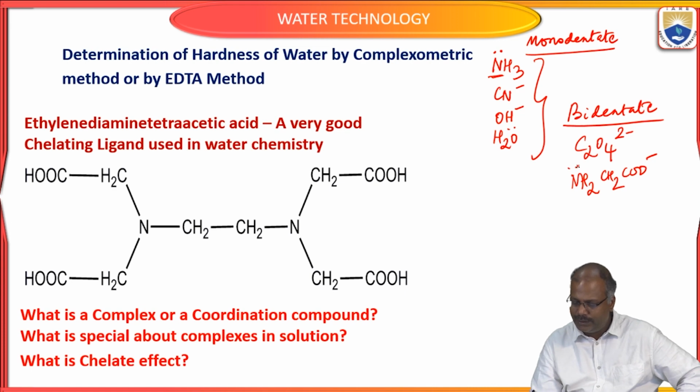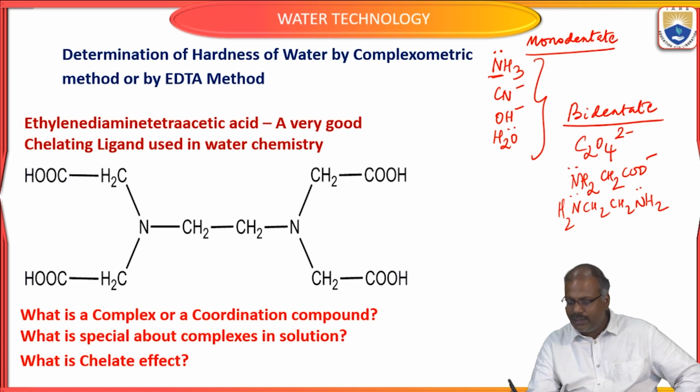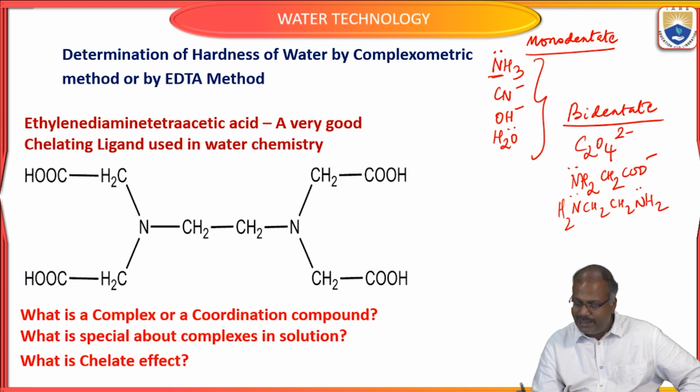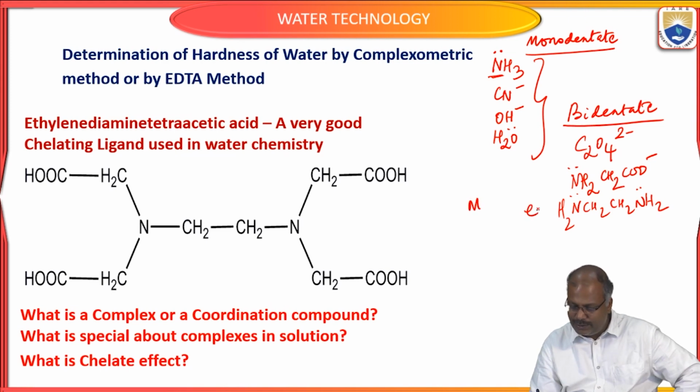And you have a lot of other examples, for example ethylene diamine. These are all examples of bidentate ligands that can bind the metal atom. For example, en is called ethylene diamine. En can bind through both nitrogen lone pairs.